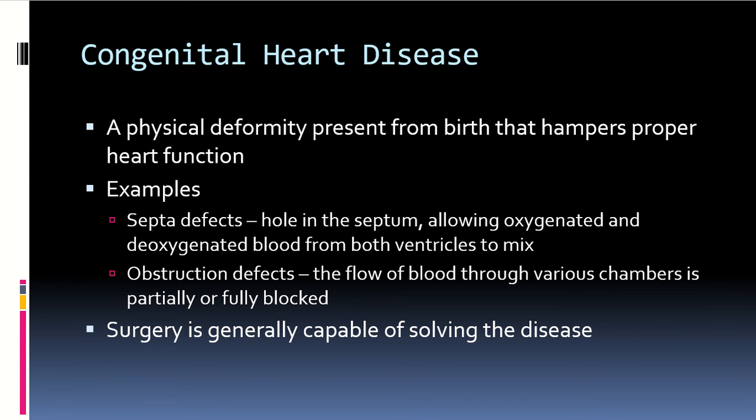Now, some diseases of the heart. Congenital heart disease is a physical deformity present at birth, and this physical deformity hampers the proper flow of blood. One example could be septal defects, which are holes in the septum that is meant to separate the right and left chambers of the heart, thus allowing the mixing of oxygenated and deoxygenated blood, which is not good for a mammal as large as us.